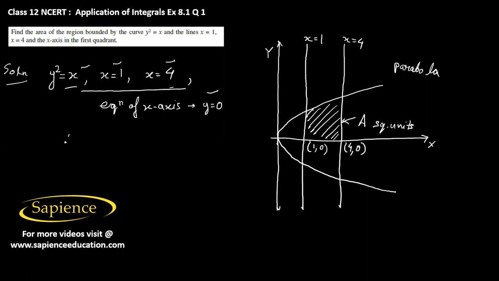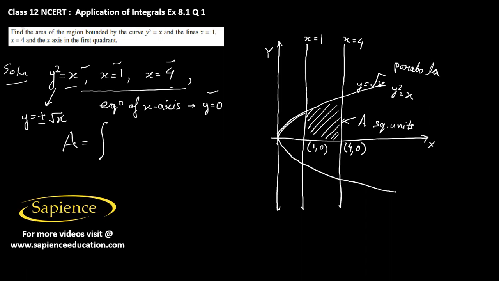So then A will be equal to the integral of... now we should find out the equation of this branch. The equation y square equals to x is the equation of this whole curve, but the branch which is above the x-axis will obviously be y equals to root x, since if we solve this curve, we get y equals to plus or minus root x.